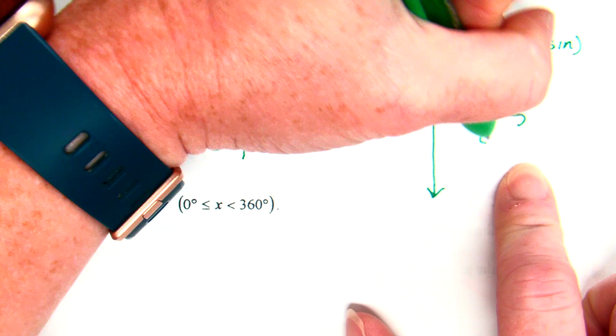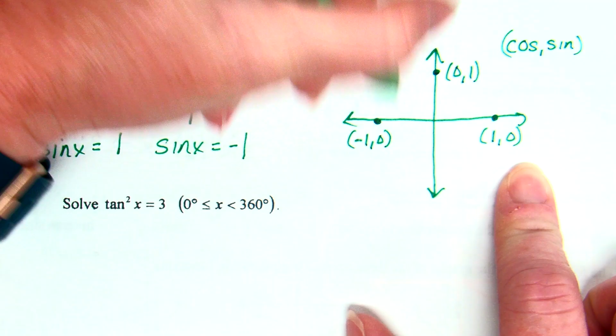Right 1, up or down 0, yes? Up on the 90 degree, we call it 0, 1. Over at 180, it is negative 1, 0. And down at 270, 0, negative 1. And again, this is all pre-calc review, right? All this trig review we've got to remember. Based on that, now do you see where your answers are?